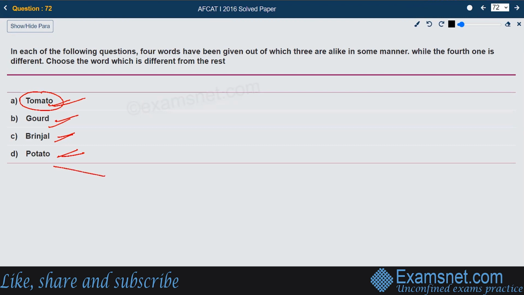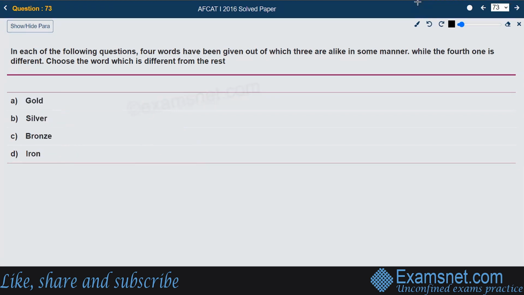All of them, brinjal, gourd and tomato, are the fruit part of the plant, and they grow on the upper part of the plant. So that makes it sure that potato seems to be the odd one out. That should be the right answer, because it is the only one out of these four which grows under the ground. So option D is right.